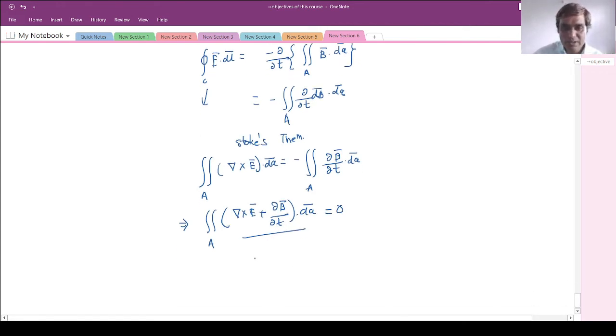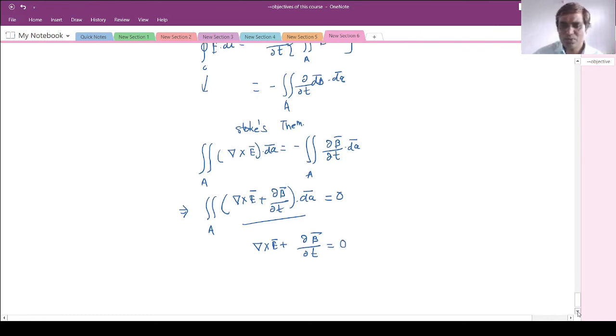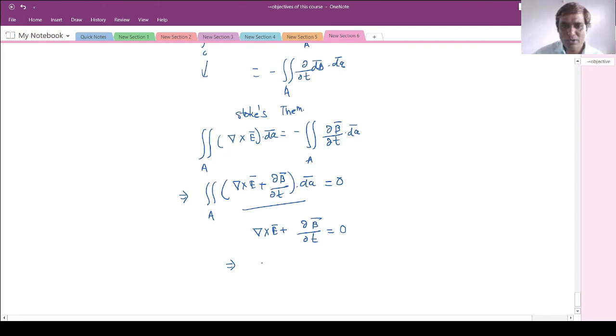So with this I can write that the curl of the vector field E plus dB bar by dt will be equal to 0. From that, the cross product of the gradient with the electric field gives minus dB bar by dt. This is the differential form.